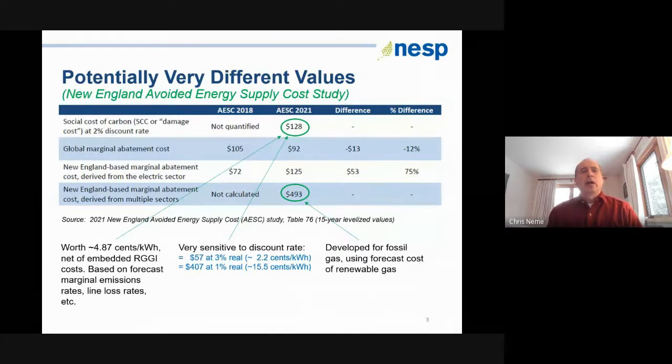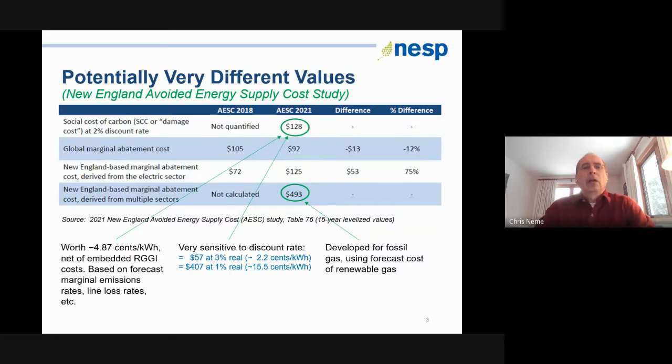Now, what I've got on this slide is the results of work that was done in New England as part of the 2021 Avoided Energy Supply Cost Study. In New England, this study is undertaken every 3 years to update avoided cost assumptions used for energy efficiency cost effectiveness assessments, and demand response and electrification measures too.